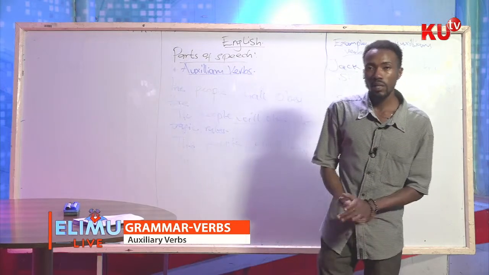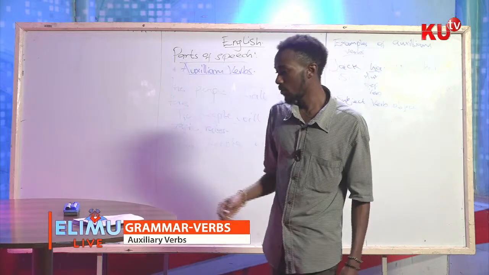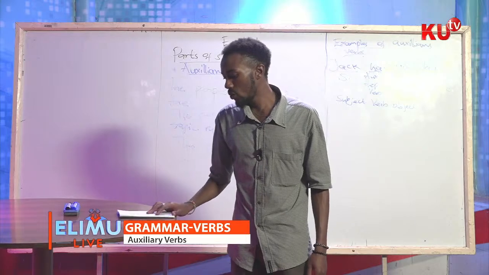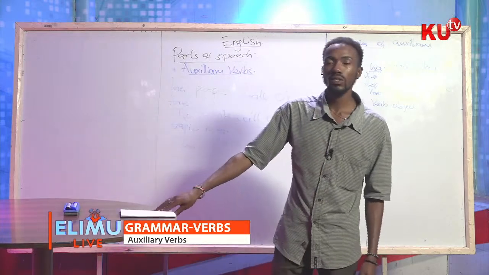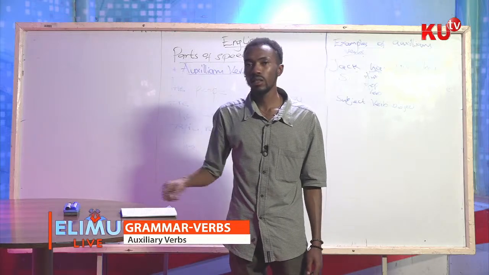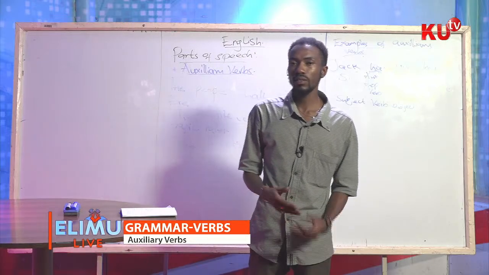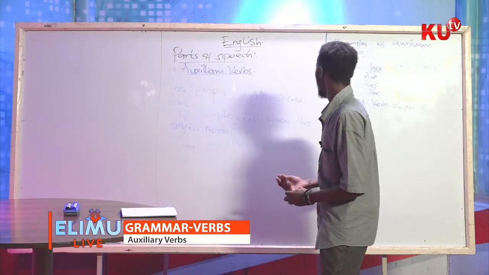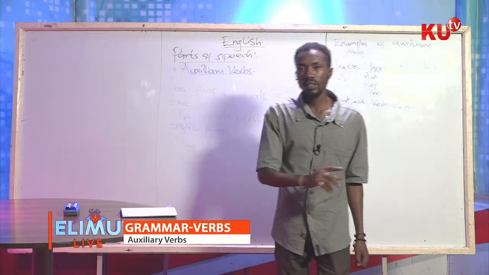The assignment that I'm going to leave for you today is very simple. Go home and construct like 10 sentences using the various examples that we have given. The examples may include the forms of be.